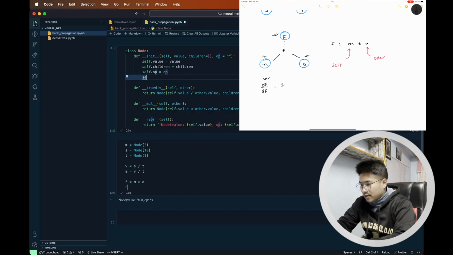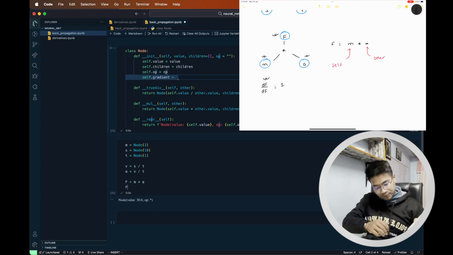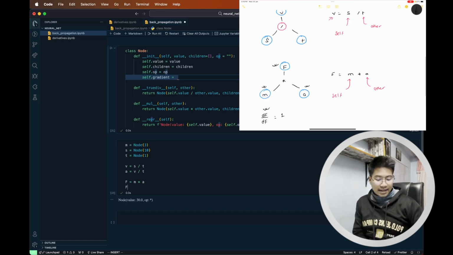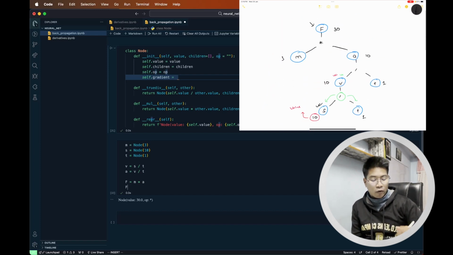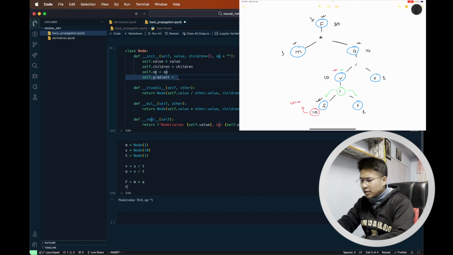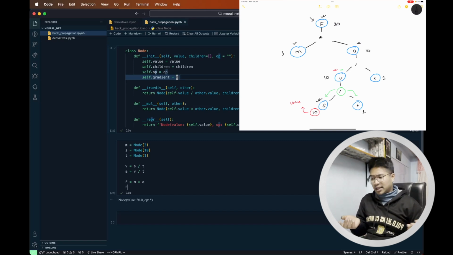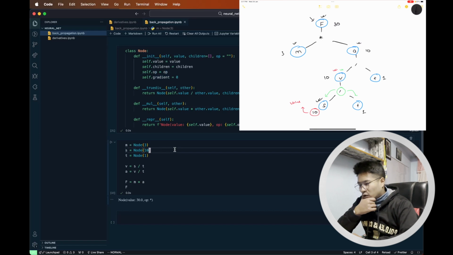So self dot gradient is how I want to store my gradient. In the initial case, when we haven't done any backward pass, what should the value of the gradient be? We don't know what the gradient is here, or here, so we should just set it to 0, because 0 means I don't really know what that gradient is. That works out well.